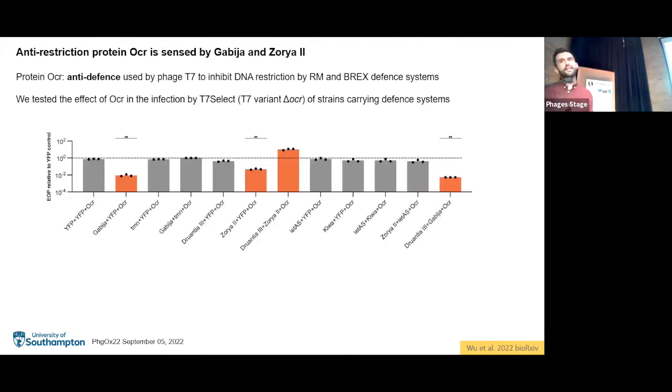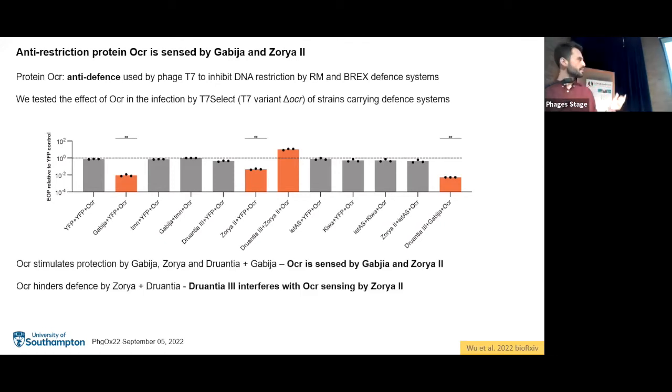What we see is that the DNA mimicking proteins are able to stimulate the bacteria to target the phage better. We found that OCR stimulates defense systems like Gabija and Zorya. But more importantly, in other cases, the systems create noise for each other, and this is the case of Druantia and Zorya.